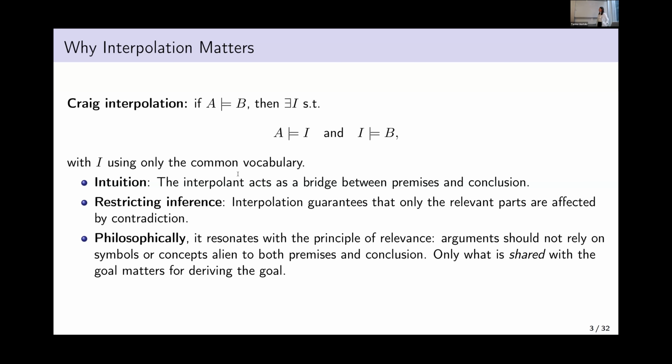Philosophically, it resonates with the principle of relevance. An argument should not rely on symbols or concepts that are alien to both premises and conclusion. So only what is shared with the goal matters for deriving the goal.